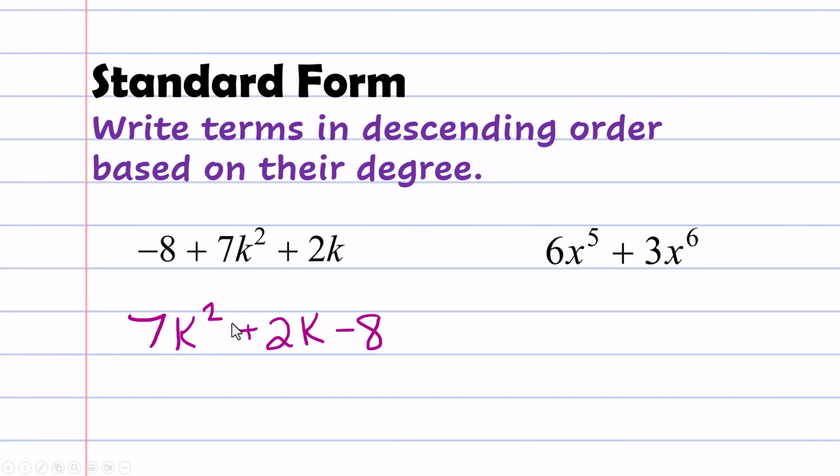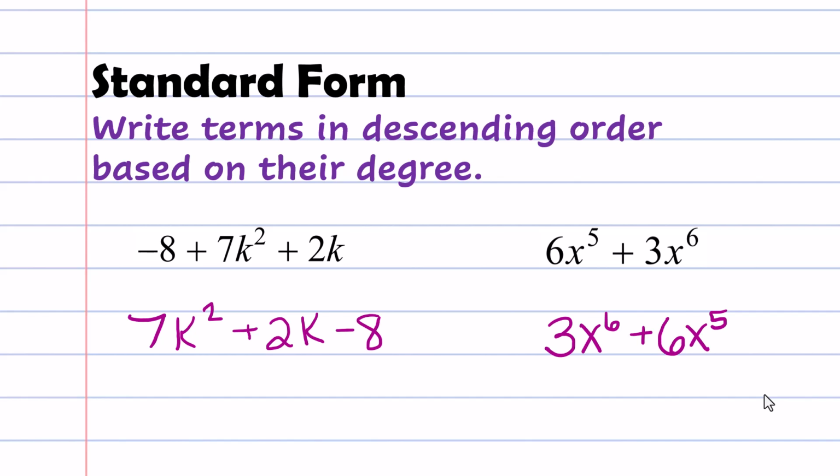We're going in descending order of exponents. So for this one, the x to the 6th would have to come first, and the 6x to the 5th second. Not the coefficients in front, but the exponents. 6, 5. Usually it's easier to put everything in standard form for what we're doing. When we work with polynomials, it's just easier to see what's going on if you have them written in order.